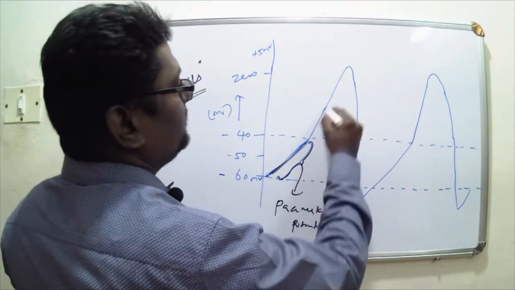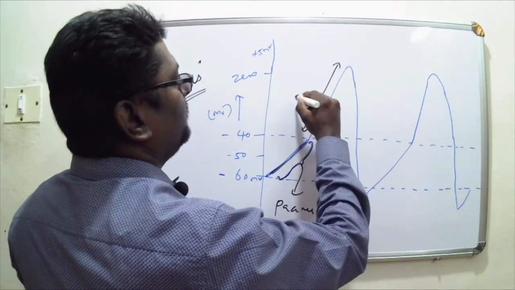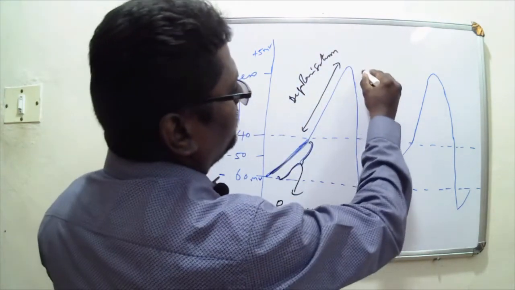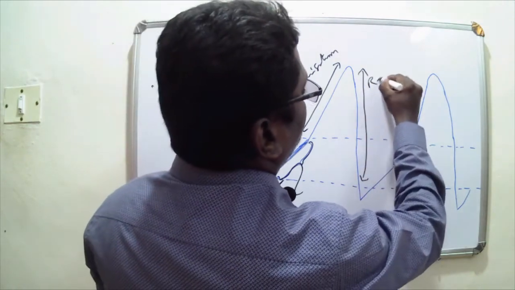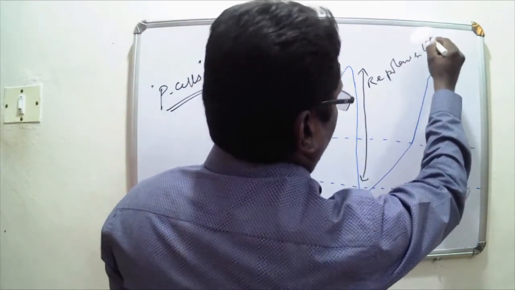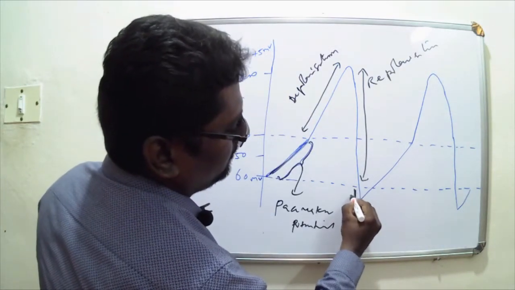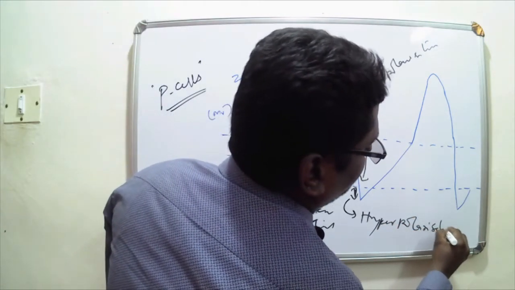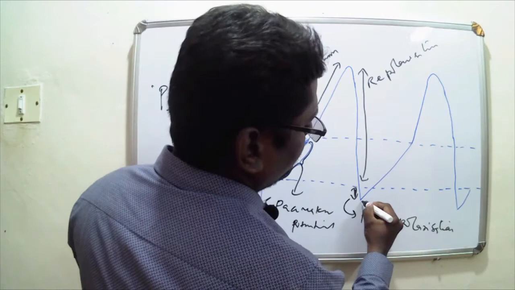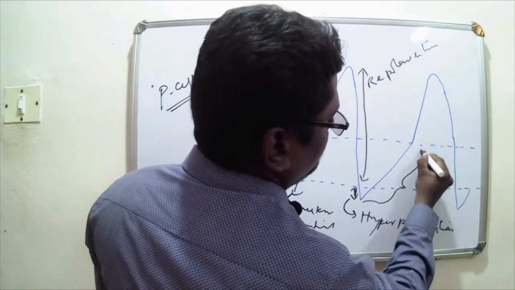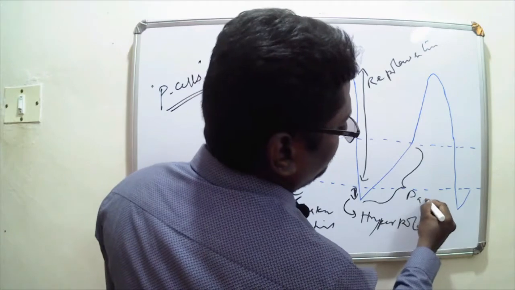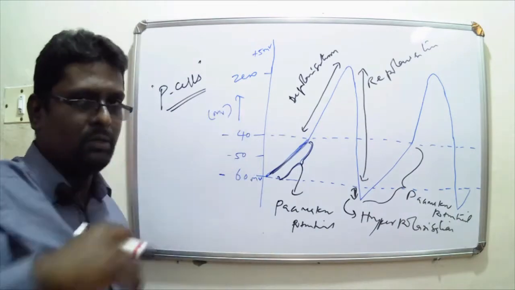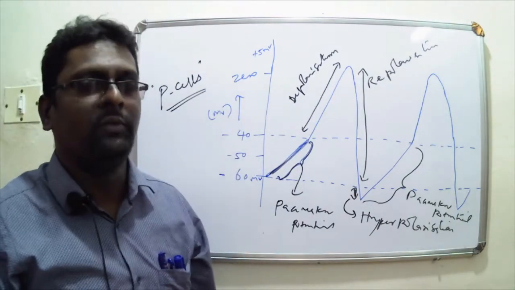This one is depolarization, and this part is repolarization, and this part is hyperpolarization. And again this part is once again pacemaker potential. So these are all the parts of the action potential curve of a pacemaker cell.